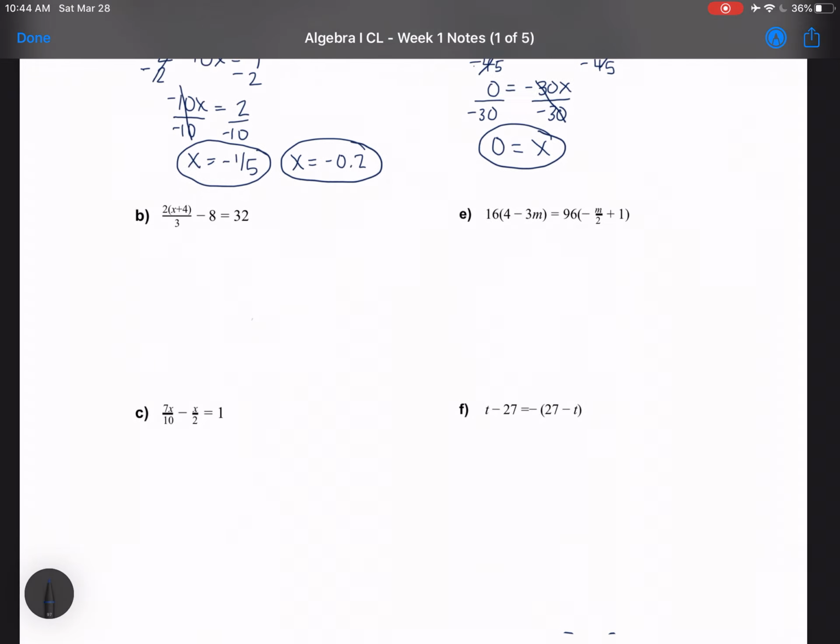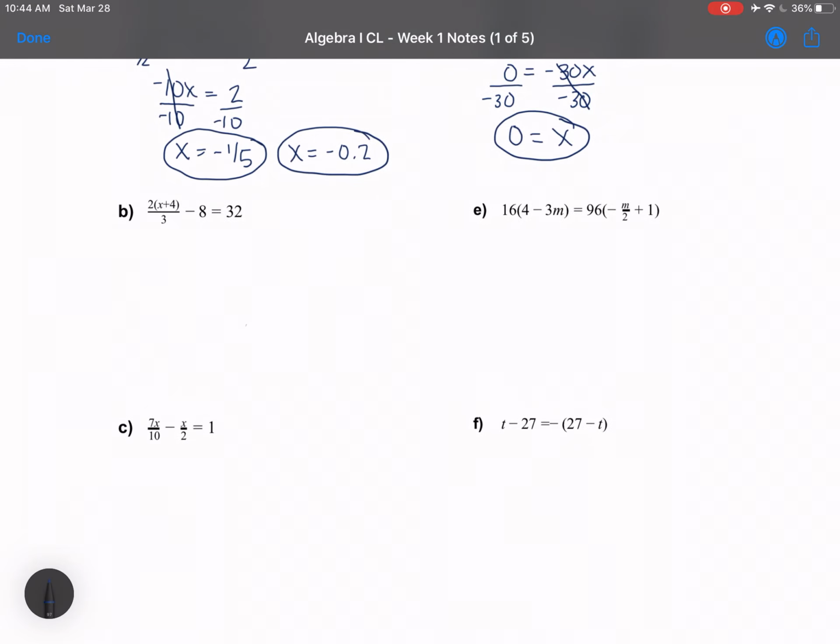Alright, moving down to B. So we have our first fraction. What's nice here is finding our least common denominator. There's only one denominator, so that number 3 is what we're going to multiply everything by. So I'm going to write a 3 above every term so that we can cancel, because 3 divided by 3 goes away, and we're left with 2 times the quantity x plus 4.